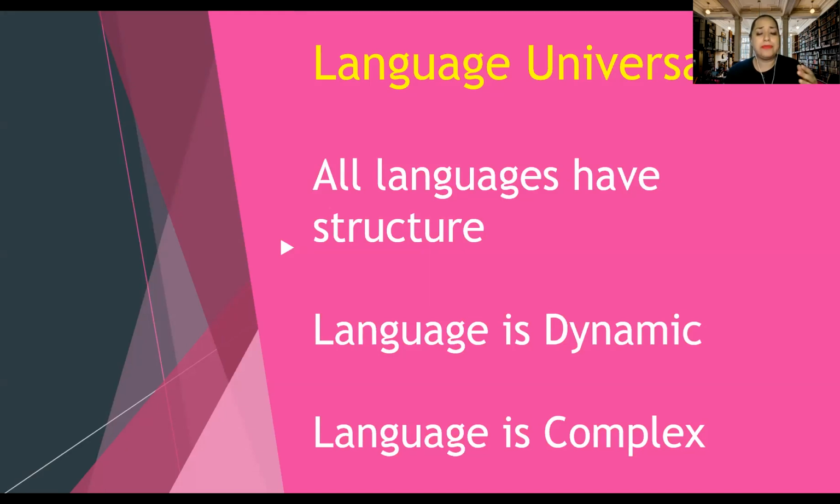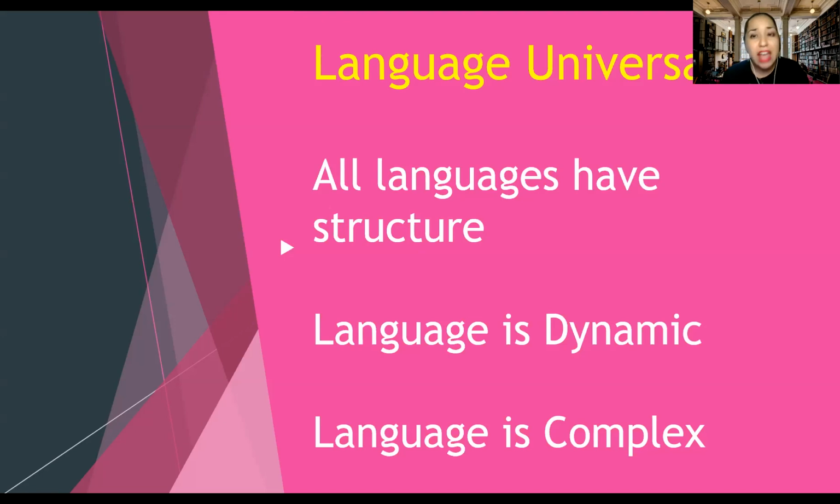Structure most of the time refers to grammar. And even though we may not like grammar, it's part of the language and it makes sense. For example, every language has the past tense, and every language has a way to say the future tense and the present tense.